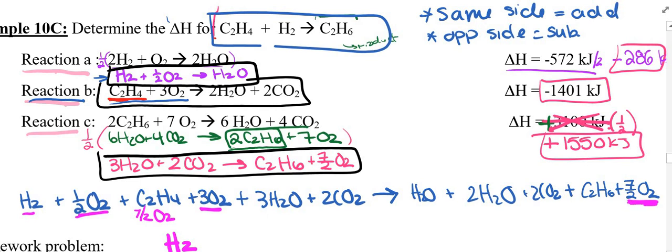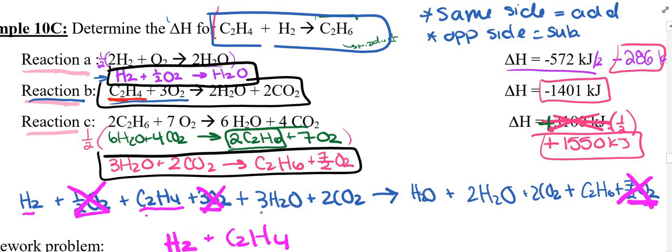So these oxygens are going to cancel out because these 2 added create 7/2, and on the product side we also have 7/2 of oxygen. Okay, opposite sides cancel, same sides add. So now I'm going to move on to my next molecule, and I have C2H4. Nowhere in this reaction do I have C2H4 on the other side, so that's going to stay.